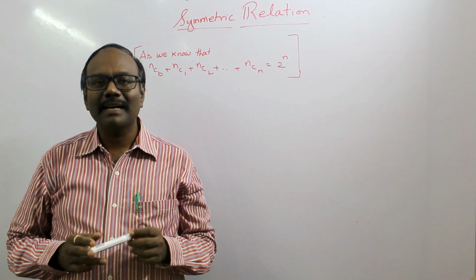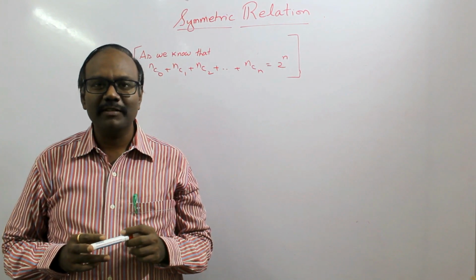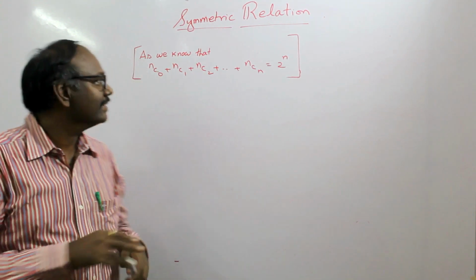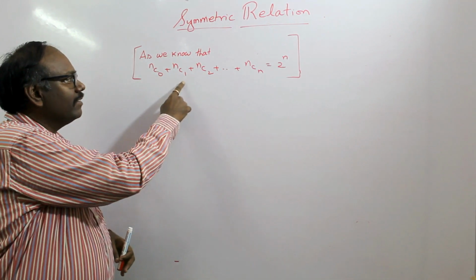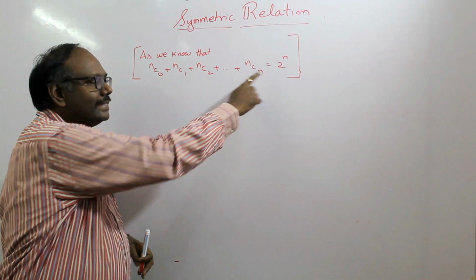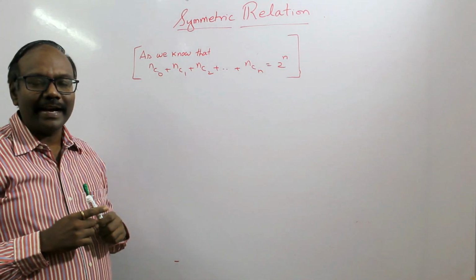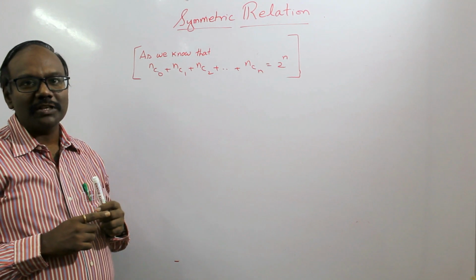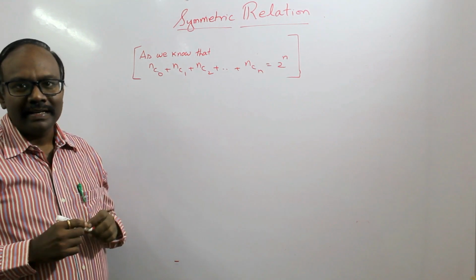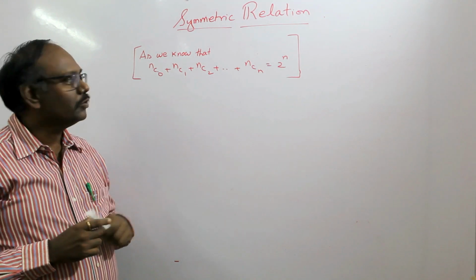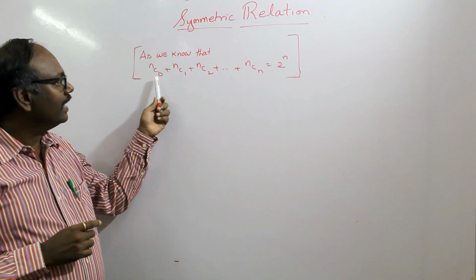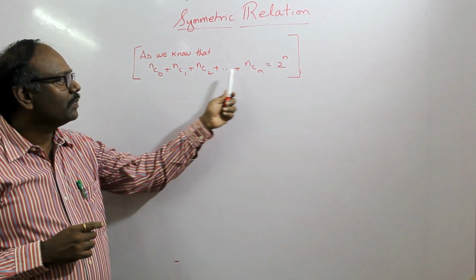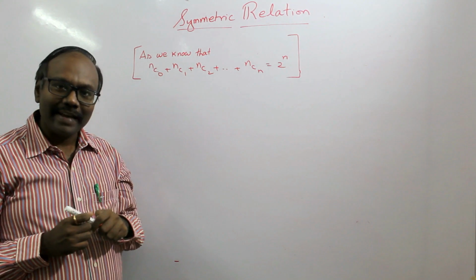As we know, the sum of the binomial coefficients is equal to 2 to the power of n, that is nC0 + nC1 + nC2 + so on till nCn is equal to 2^n. Well, this I have derived in the previous video. You can watch the video on reflexive relations to check the derivation of nC0 + nC1 + nC2 + so on till nCn is 2^n.